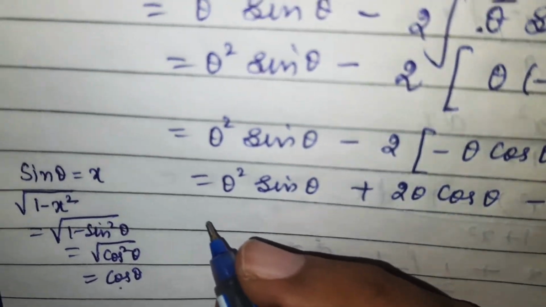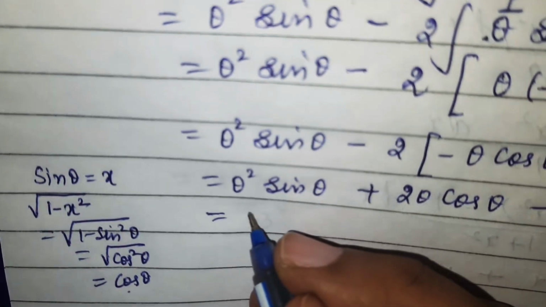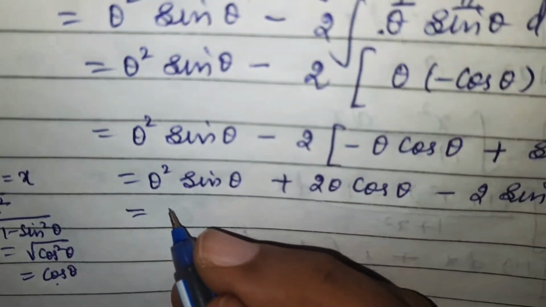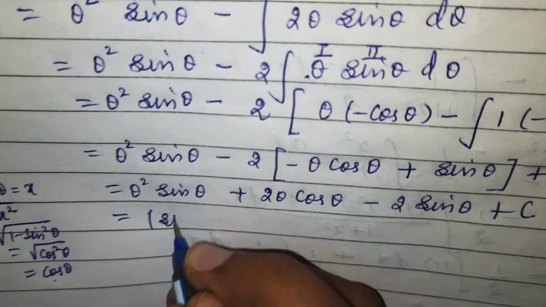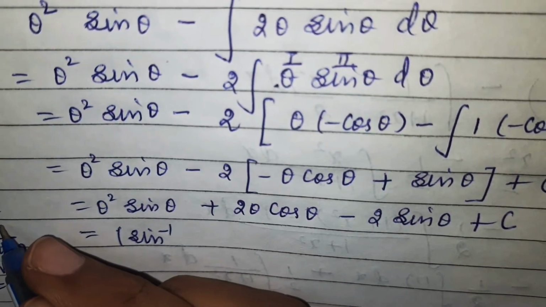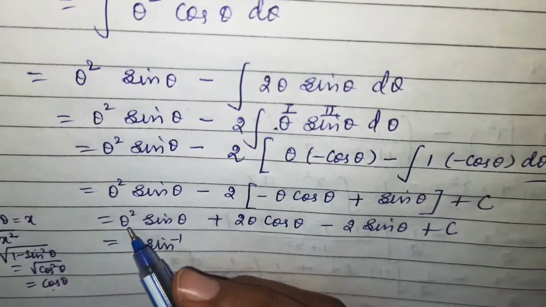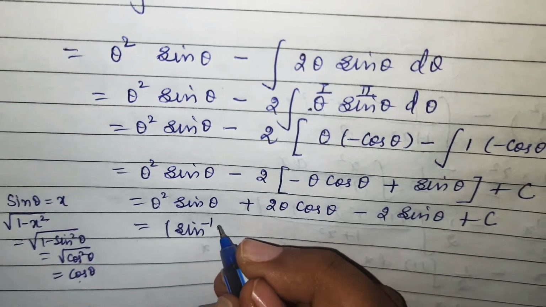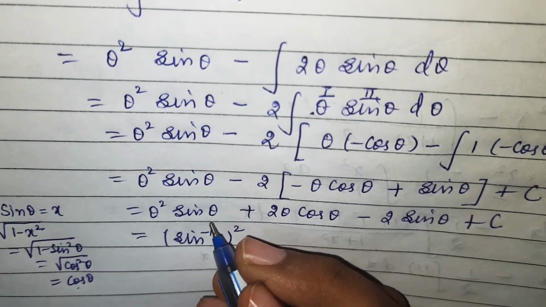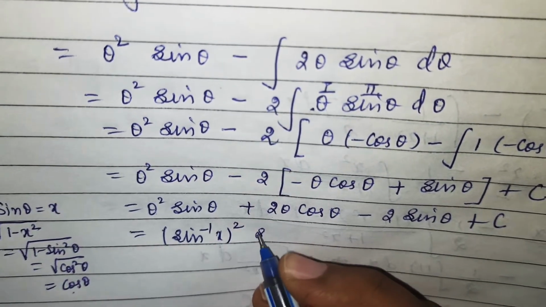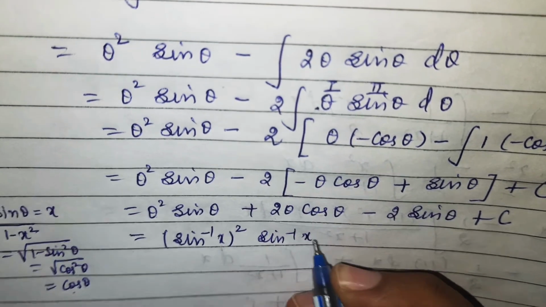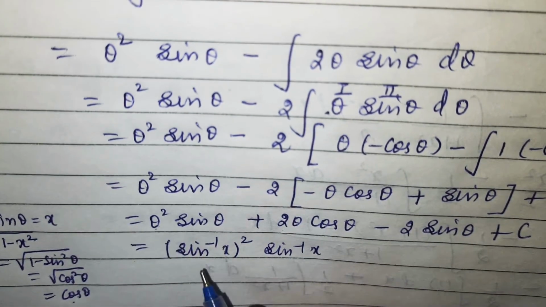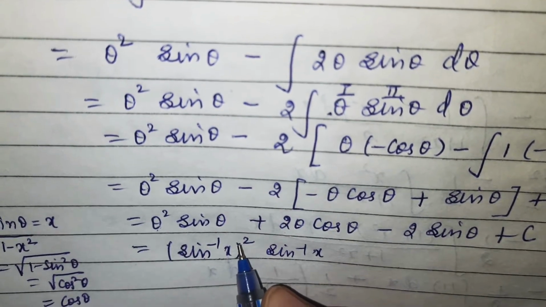Now if I talk about theta, the value of theta is sine inverse x, so theta square is sine inverse x raised to the power square.